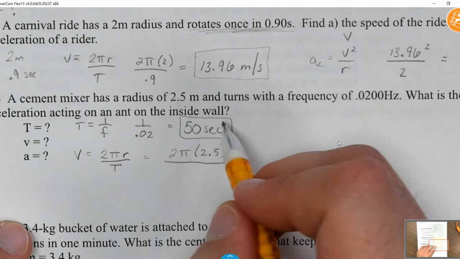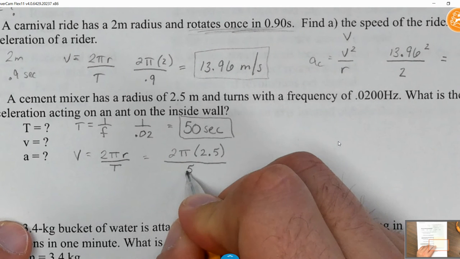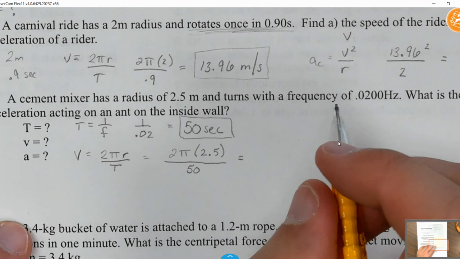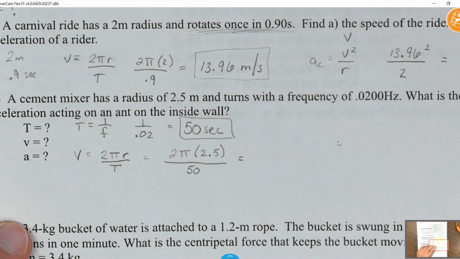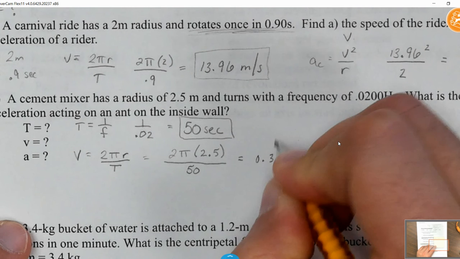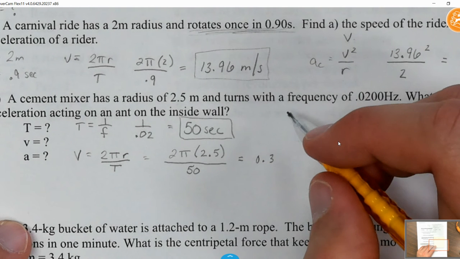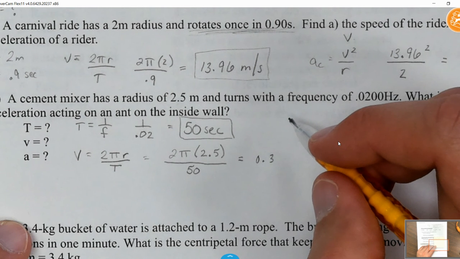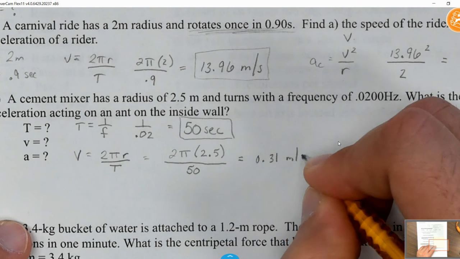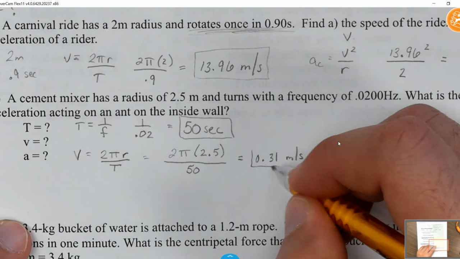And then divided by the period of 50 seconds. Now, this is going to be a relatively small number. So 2 pi times 2.5 divided by 50. 0.314 and change. So we're just going to call it 0.31 meters per second. So that is the velocity.